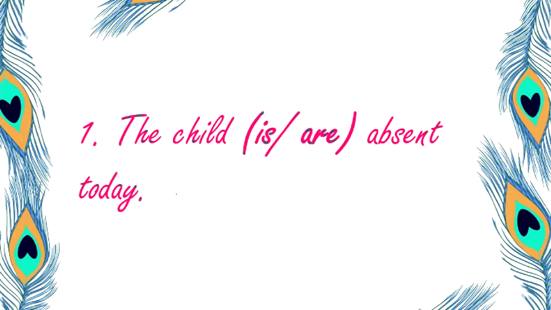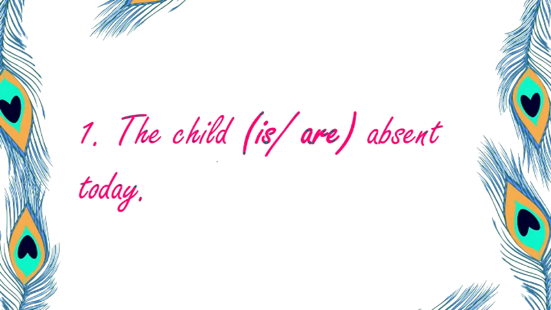Now see, number 1 we have: The child is or are absent today. So we have to first see what our subject is. So just tell me, who are we talking about in this sentence? Yes, the subject is child. Now we have to see whether it is singular or plural. You're right. The word child is a singular subject.